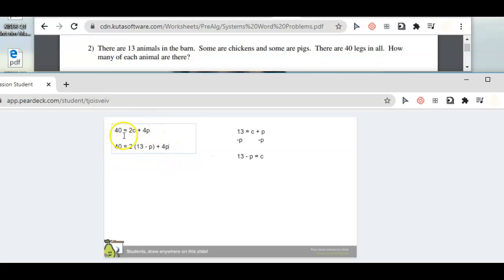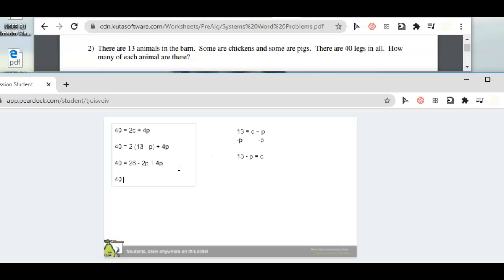So I didn't change anything, I just took C and substituted in 13 minus P. Now the beauty of this is now I only have one variable, so I'm going to distribute it here.